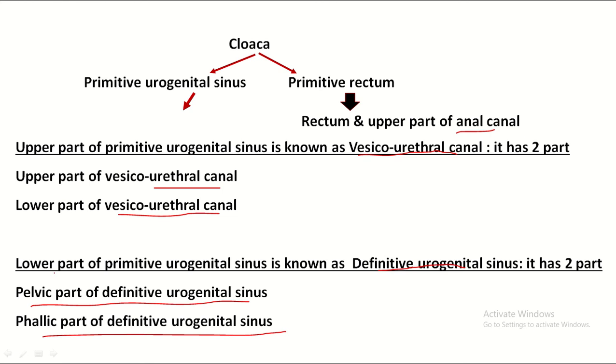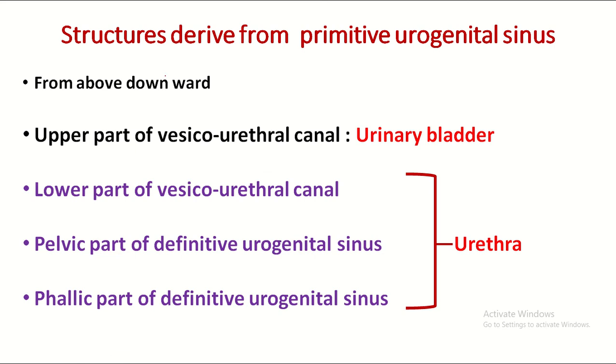These four are the subdivisions of the primitive urogenital sinus. So from above downwards, the upper part of the vesico-urethral canal develops the urinary bladder, and the rest, the lower portion of the vesico-urethral canal and pelvic and phallic parts of the definite urogenital sinus, develop the urethra.